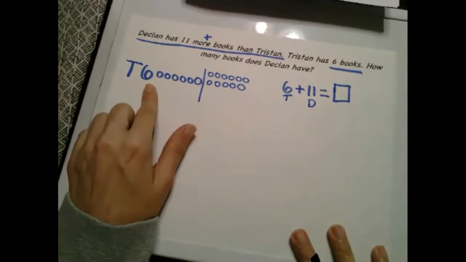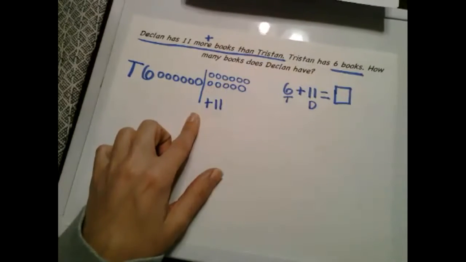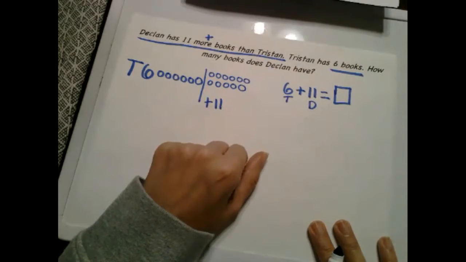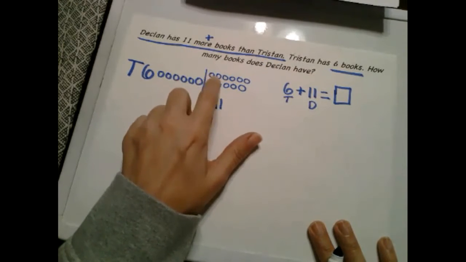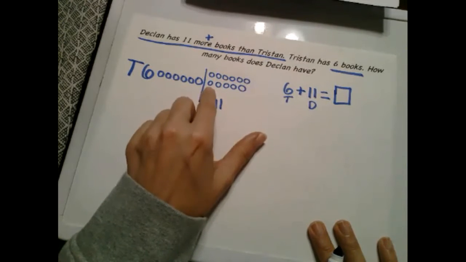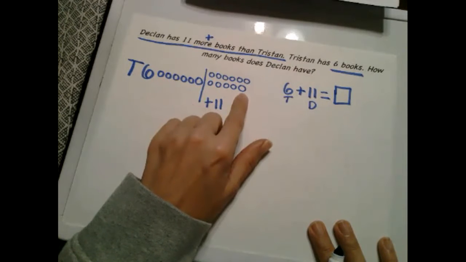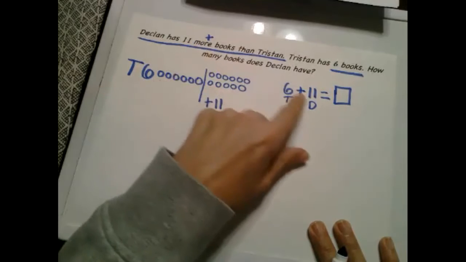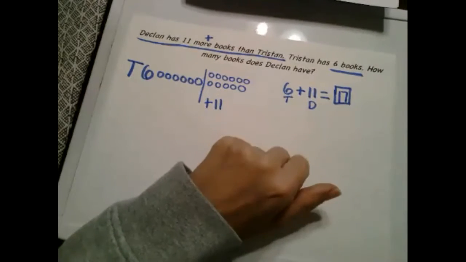So if he has 6 and he has 11 more, how many does he have? He has 6, 7, 8, 9, 10, 11, 12, 13, 14, 15, 16, 17. Because Tristan had 6 and Declan has 11 more. So my answer would be 17.